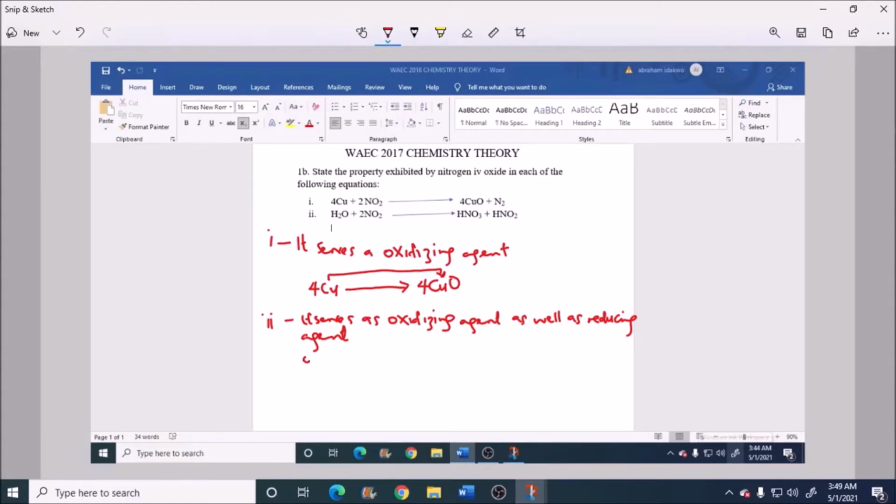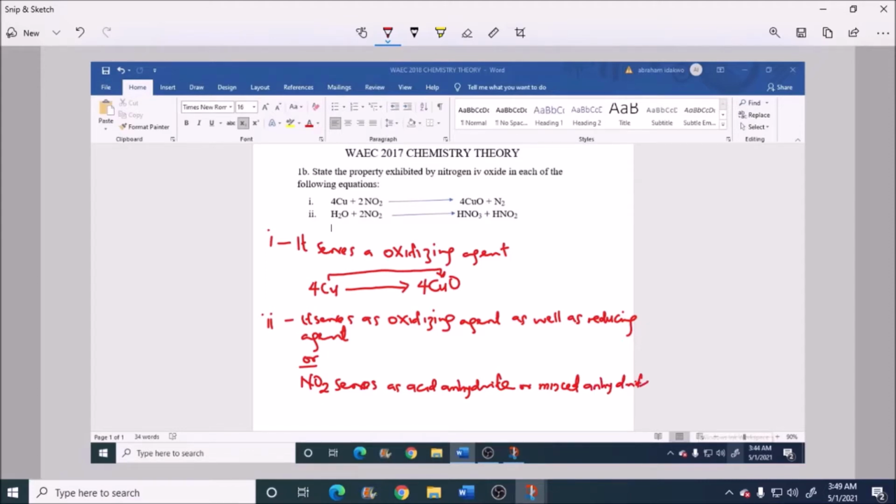Or we can still say that NO2, that is nitrogen 4 oxide, serves as an acid anhydride or mixed anhydride.